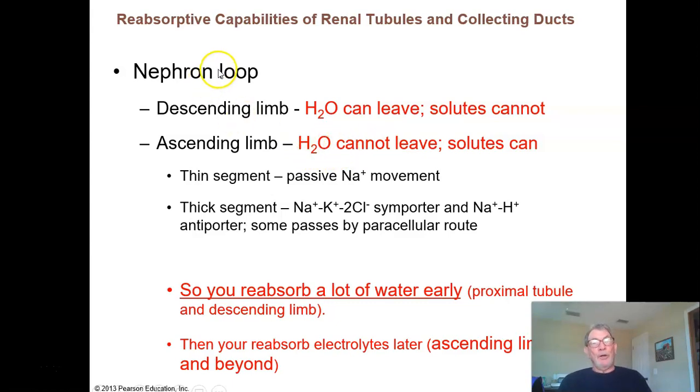So you absorb most of your stuff in the proximal tubule, then you absorb a bunch of water, and then you absorb a bunch of electrolytes. And then you fine-tune it out here, and we'll talk about that in a minute. Reabsorb a lot of water early, in the descending limb here, and then the ascending limb is electrolytes.